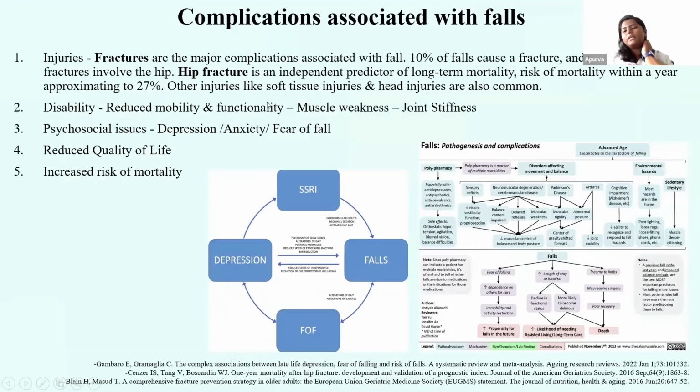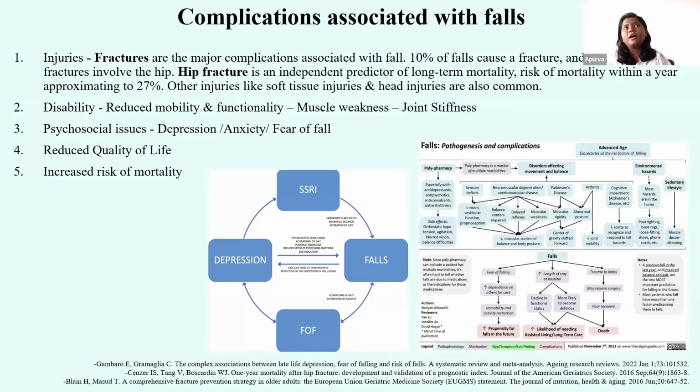Also, we would like to cover the complications associated with any such fall event that has occurred. So the first and foremost complication that might occur due to any fall is injury. Out of this complication of injury, fracture remains the most common injury that occurs in the geriatric population. Almost 10% of patients who experience a fall come to the EMD with a fracture.